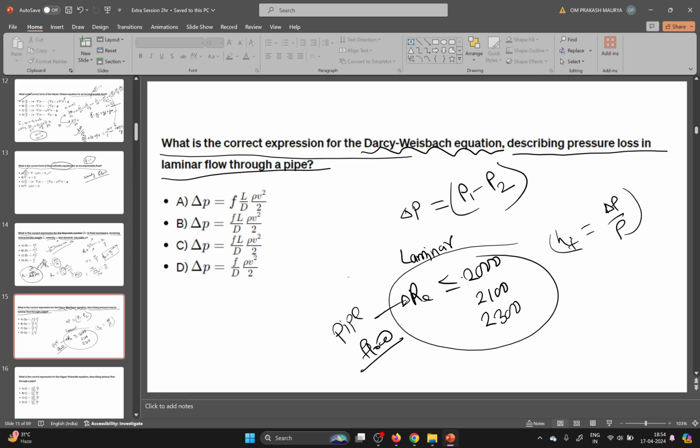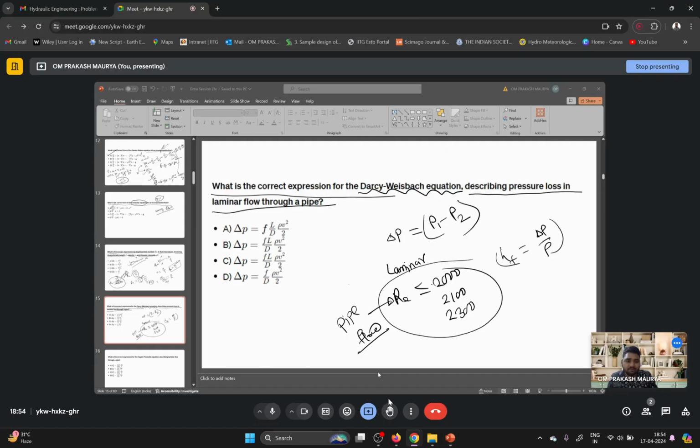Remember? Now you can guess the answer for this question. Which option, A, B, C, or D, is correct? Anybody join? I think not.